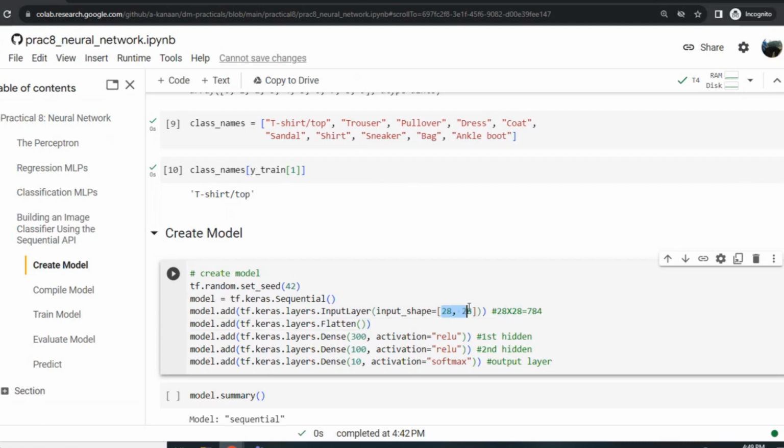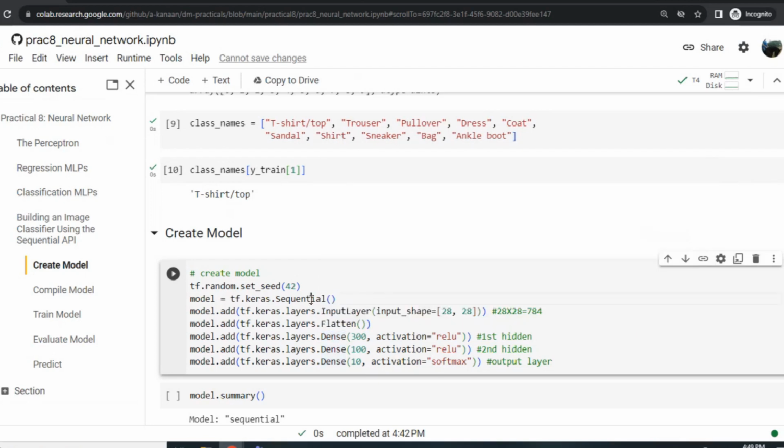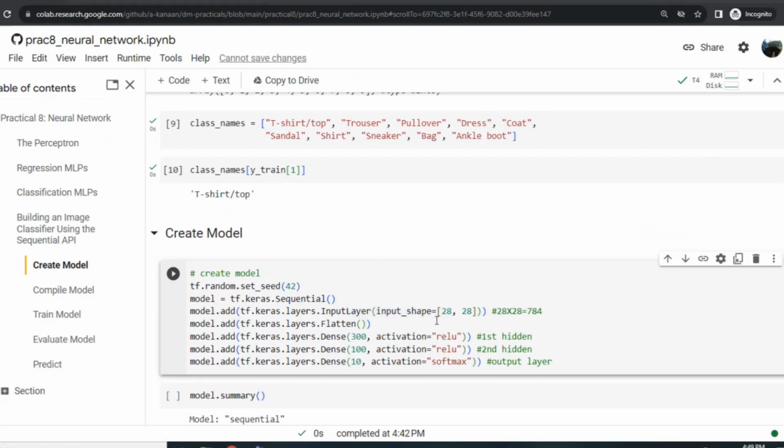Since they are 2D, and we are using dense layers, which cannot work with 2-dimension photos, they only work with 1-dimension input. That means all the photos have to be presented as vectors. So what does that exactly mean? If we go to MS Paint, let me explain.